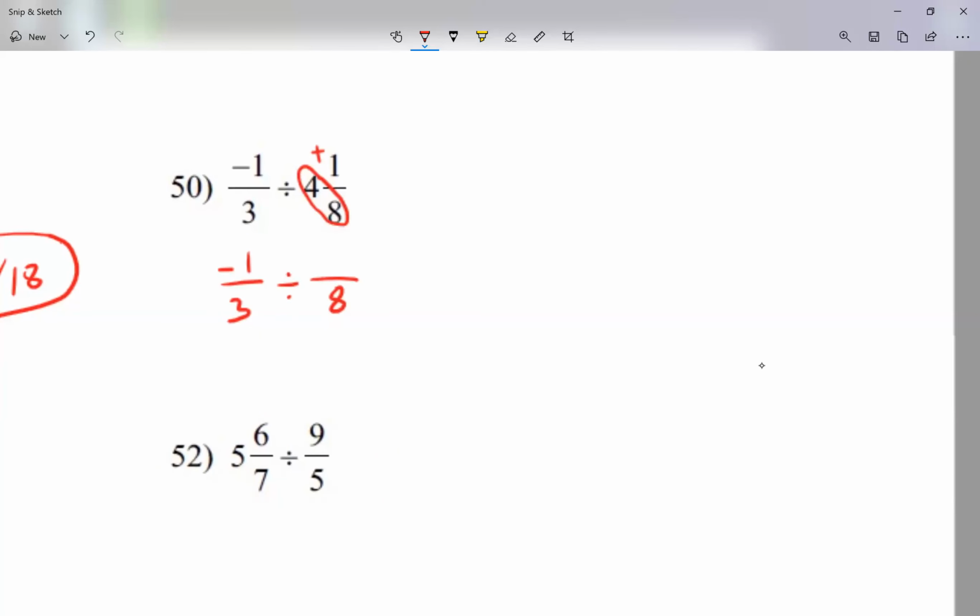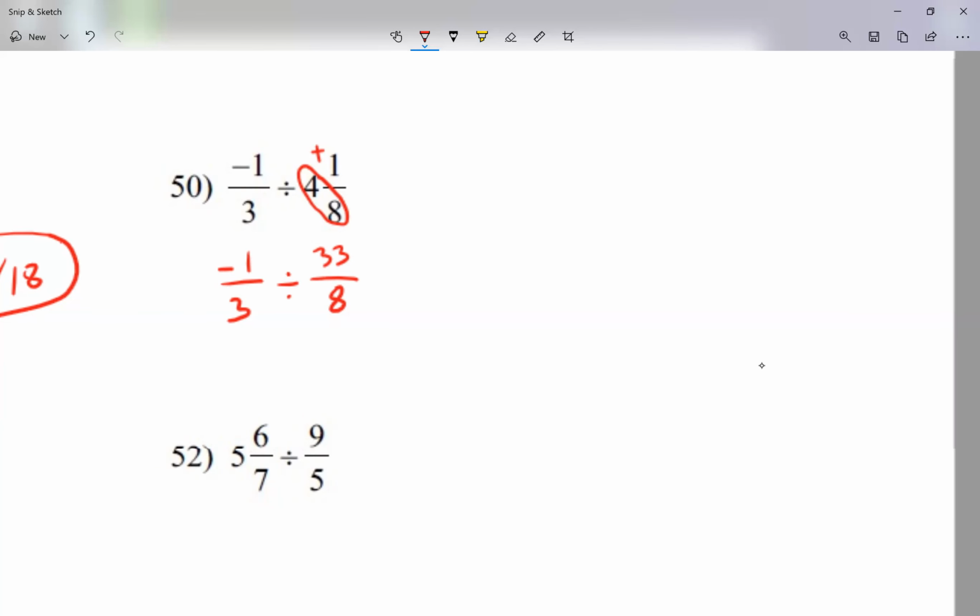I know 4 times 8 is 32, plus the 1 that's on the top is 33. So now I have it the way I wanted it. I wanted this as a number on the top, a number on the bottom, no numbers at the side.